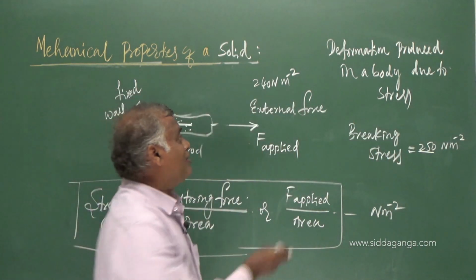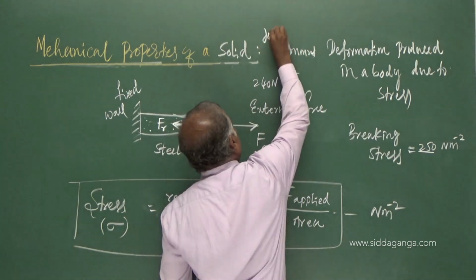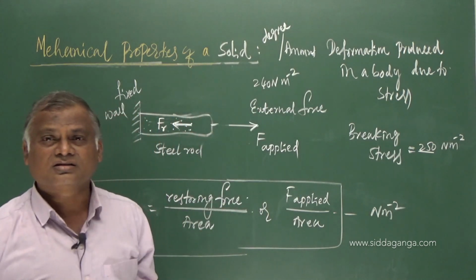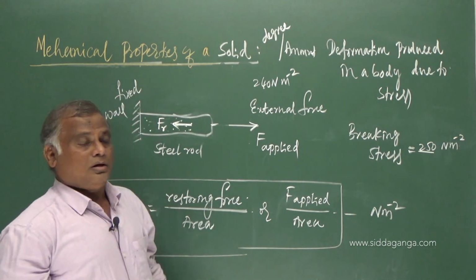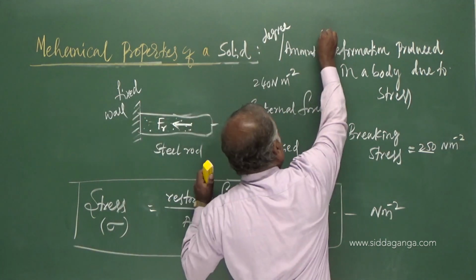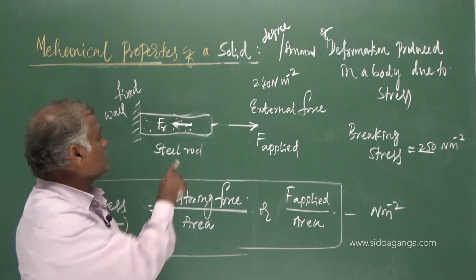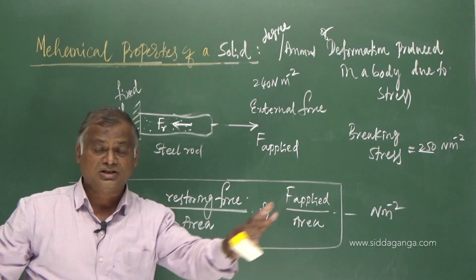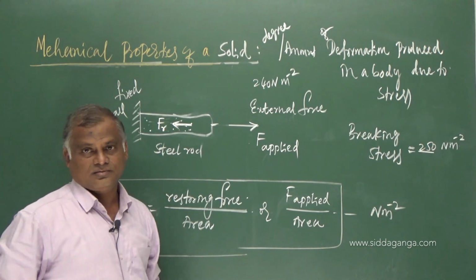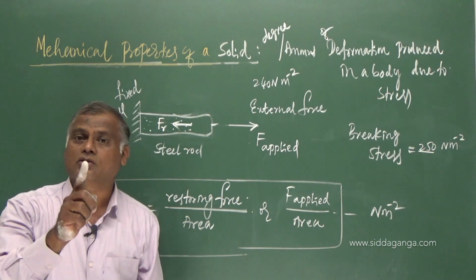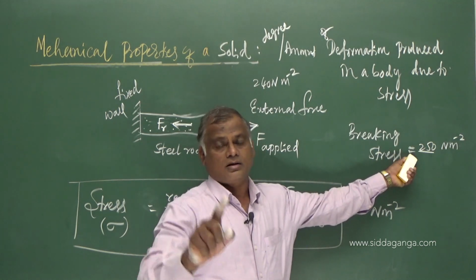The amount of deformation produced. Amount, they say degree. Degree means not 30 degree, 40 degree, but amount. How much? Deformation, I told you, is some change in the shape, means length will change, area will change, volume will change, shape will change. But it doesn't break. If I apply this value, definitely it will break.